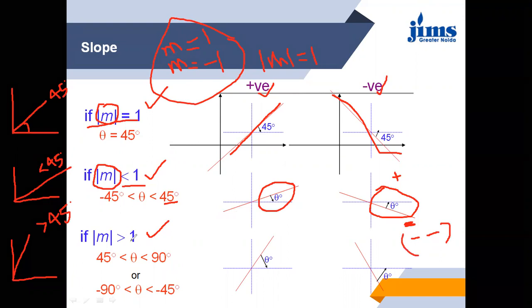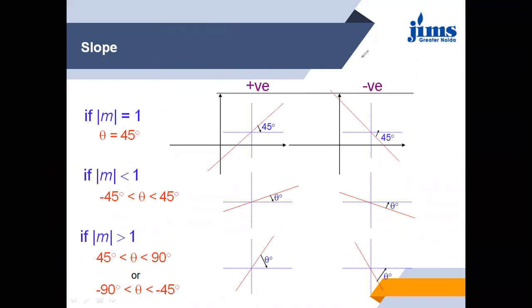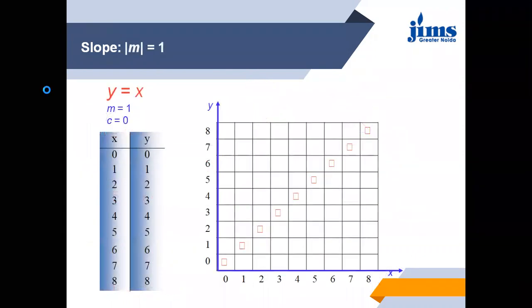Same here, when the value of m is greater than 1 in the positive sense, and less than 1 in the negative case. So we have to find the value of m, and then we can check whether m is equal to 1, less than 1, or greater than 1. These are the different ways we can find it out.